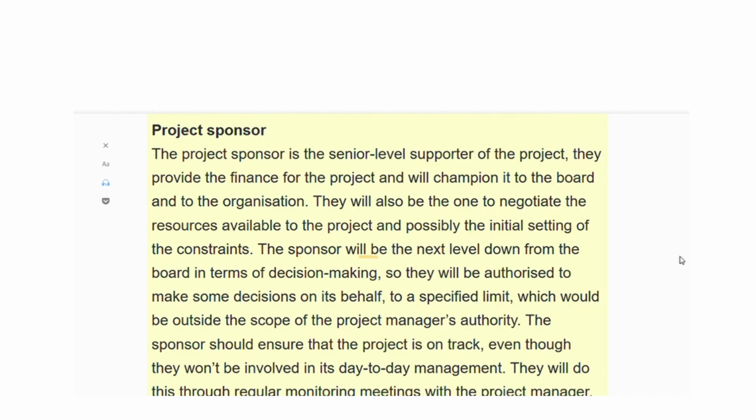The sponsor will be the next level down from the board in terms of decision-making, so they will be authorized to make some decisions on its behalf, to a specified limit, which would be outside the scope of the project manager's authority. The sponsor should ensure that the project is on track, even though they won't be involved in its day-to-day management. They will do this through regular monitoring meetings with the project manager, at which they may also provide guidance if they feel it is needed.